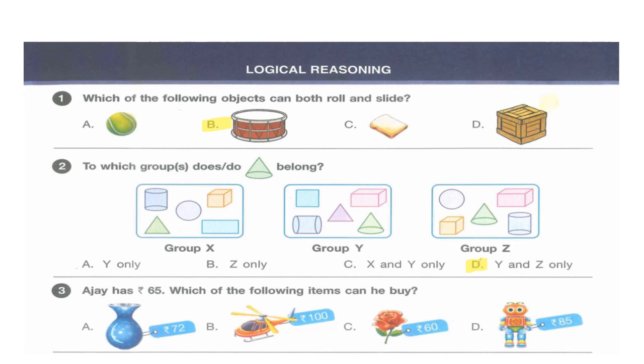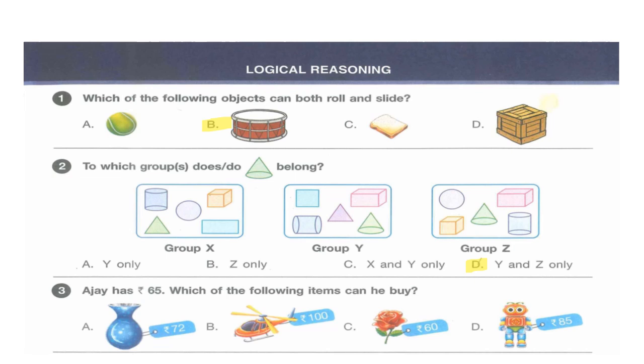Now let's move on to the third question. Ajay has rupees 65. Which of the following items can he buy? Option A, a flower vase, the cost is 72 rupees. B, a toy helicopter, the cost is rupees 100. C, a rose, the cost is rupees 60.